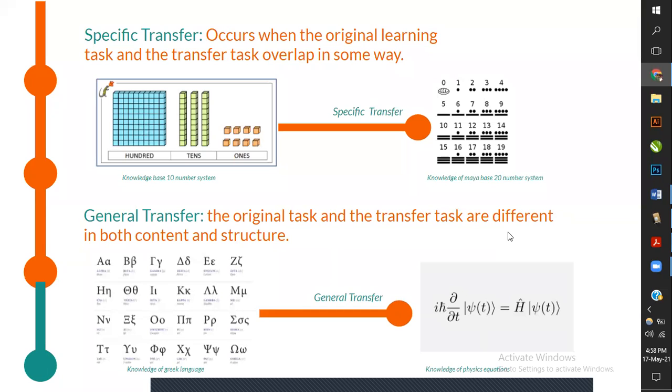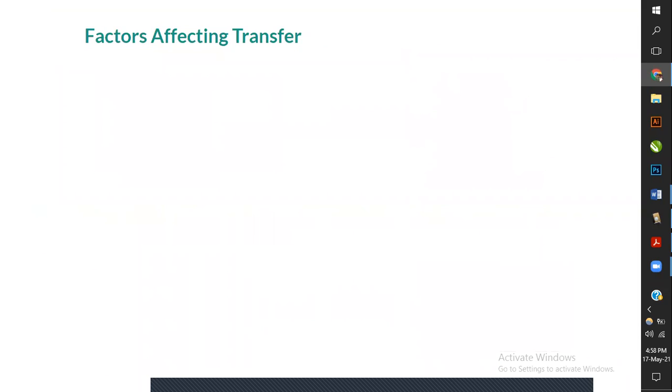They're completely unrelated, but you can use them to understand things in a more general sense. And factors affecting transfer. When transfer is being done, it needs to be motivated by something, right?